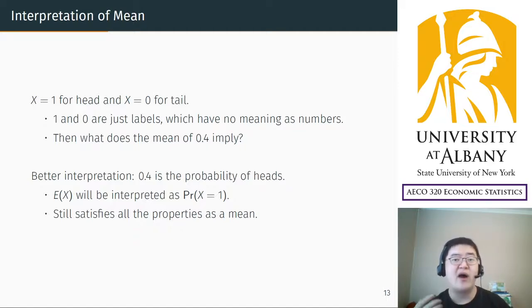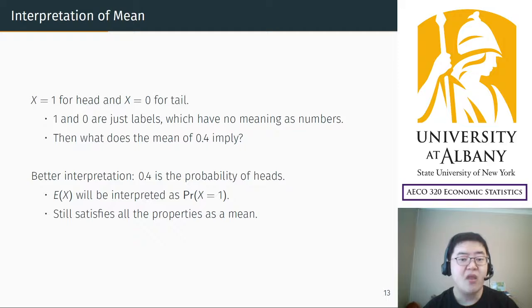So I suggest you interpret the mean as the probability of heads, not as the average. Because there is no outcome corresponding to 0.4, right? There is no outcome between head and tail. It's like the coin stands up at 0.4 degrees. No, there is no outcome like that.